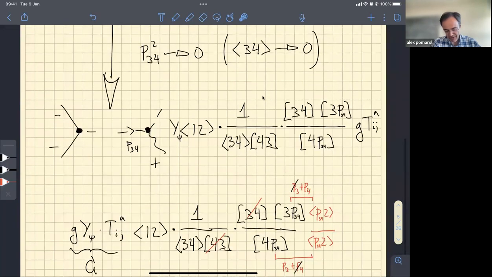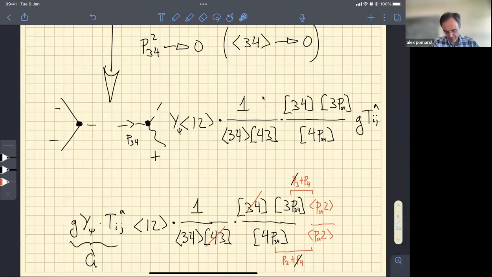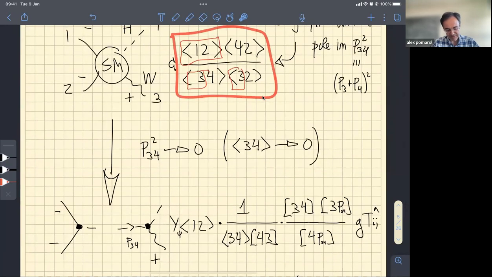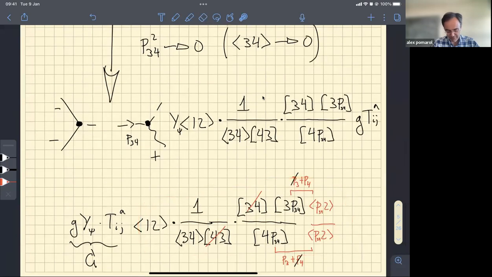And now with a little bit of algebra I show here, multiply by this, and probably I should skip it here, but with a little bit of algebra I can rewrite this thing exactly as this quantity like here. It's the trick of multiplying this up and down, and now using the fact that this is by definition the spinor helicity, P3 plus P4, but 3 contracted with the 3 is going to be 0, so it only remains the 4 here, and I go on.